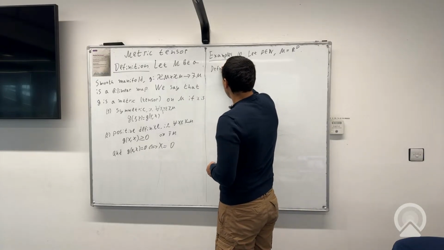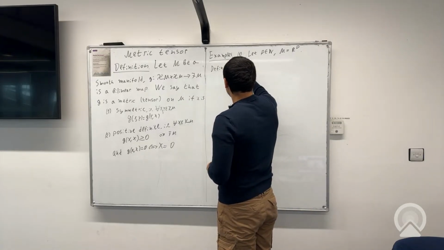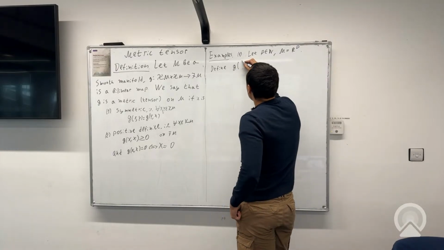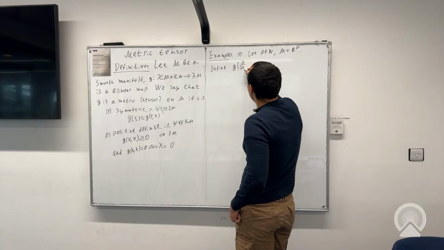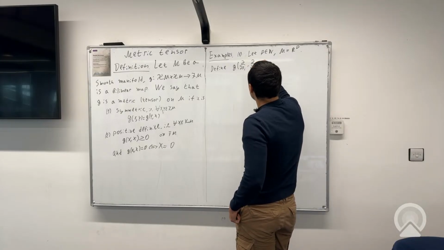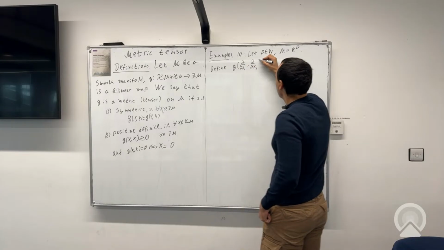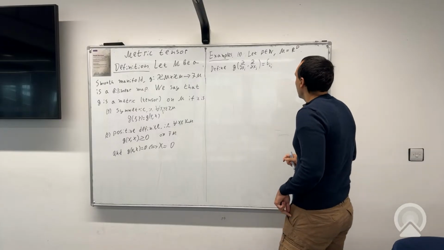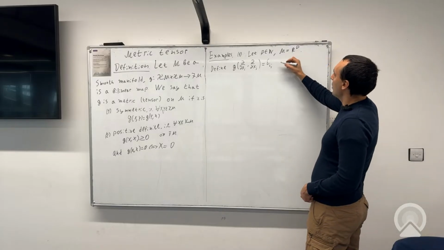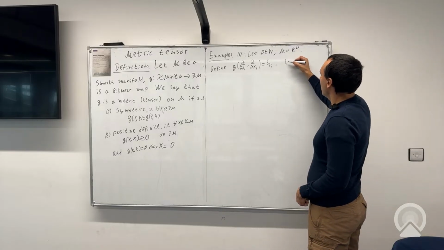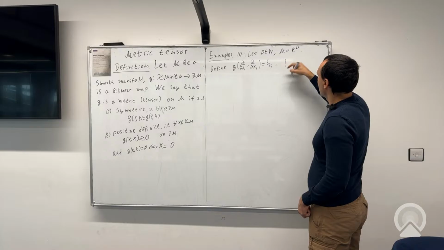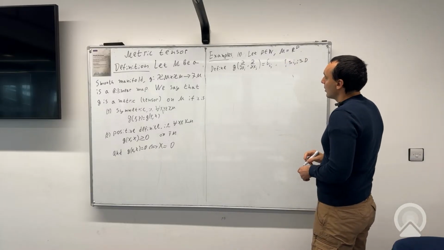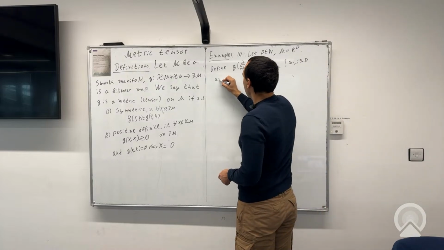Define g of d/dx_i, d/dx_j to be delta ij. So this is the canonical symbol, for i, j from 1 to d. And expand by linearity.